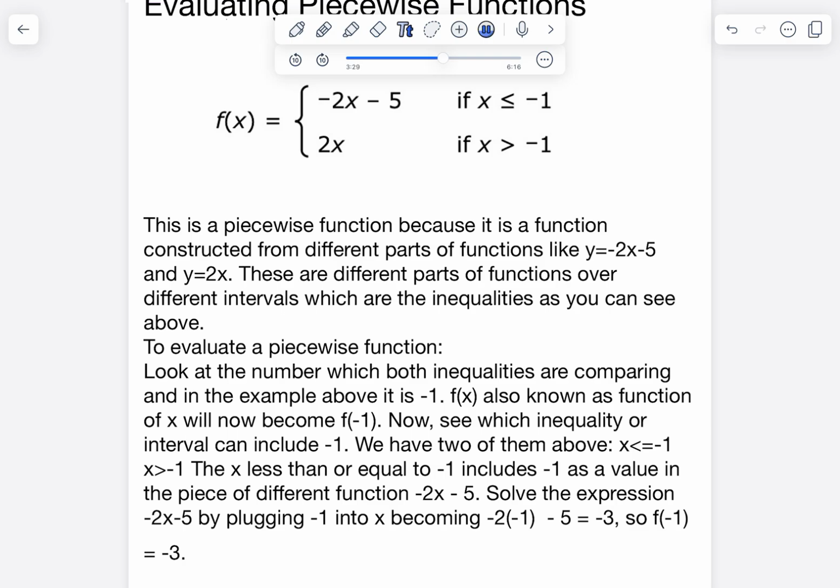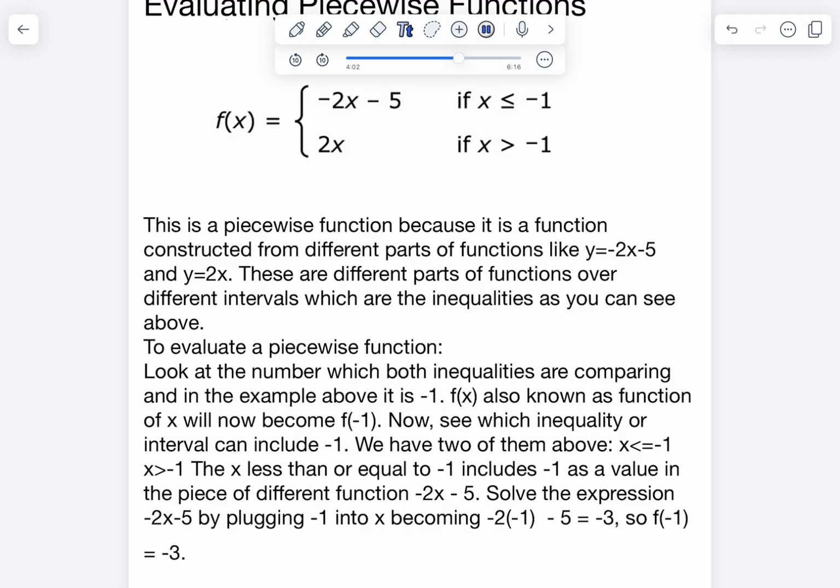In all piecewise functions, there will always be one inequality which could equal the function of the number, and there will always be one inequality where the inequality won't equal that number, right?